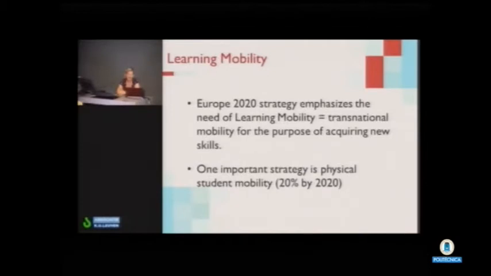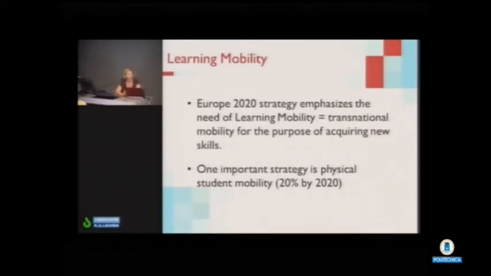Another thing is that you still have 80% of the students who do not have this cross-border physical experience. So that is also why we have to look at other strategies. Of course, physical student mobility stays very important, but there is also a need for other strategies.